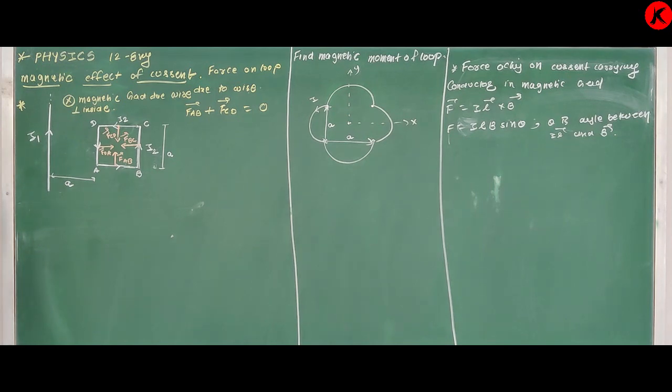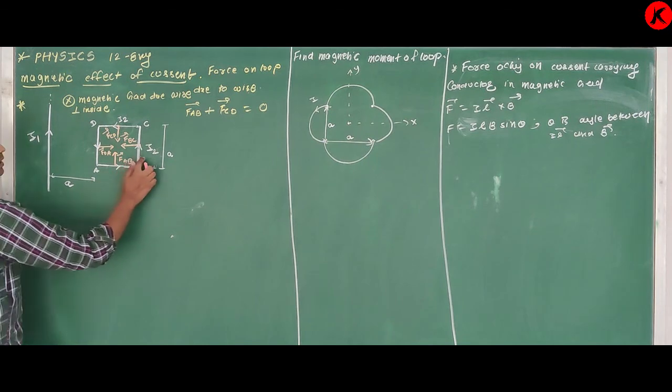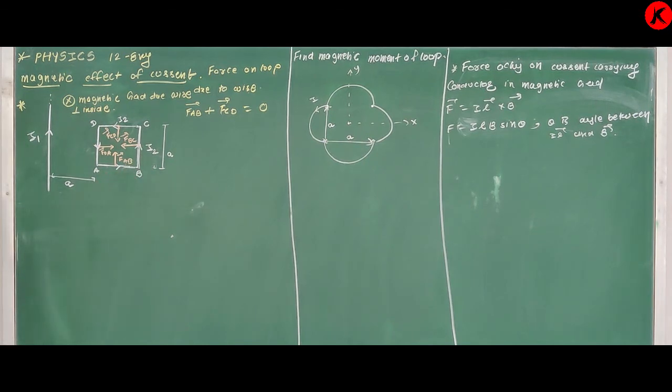Okay. So now, first of all, I will find the force acting on wire BC. Before that, I have to find the magnetic field at this wire BC.